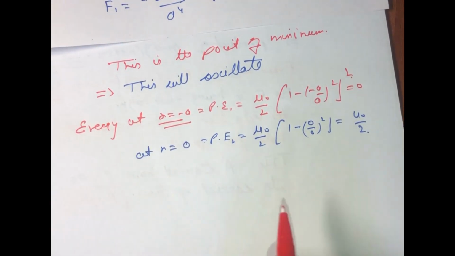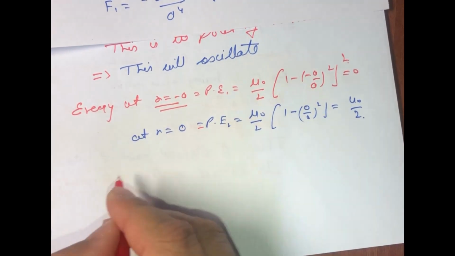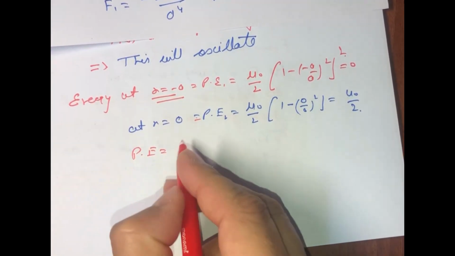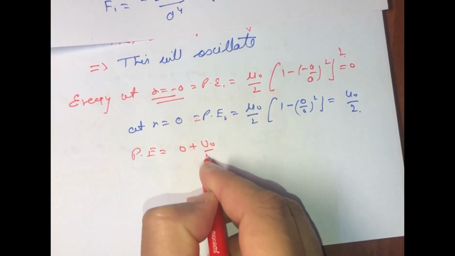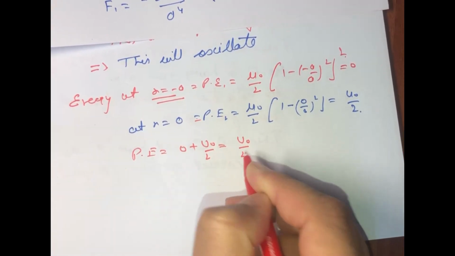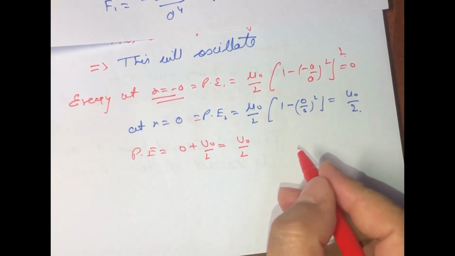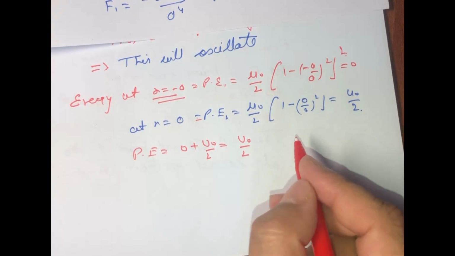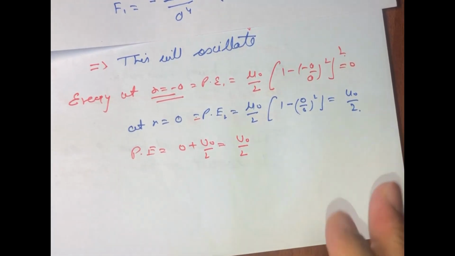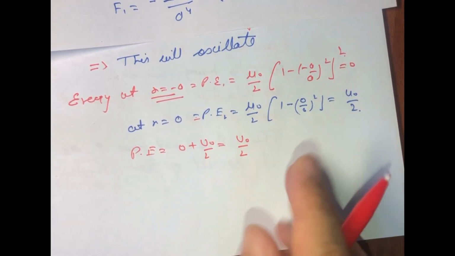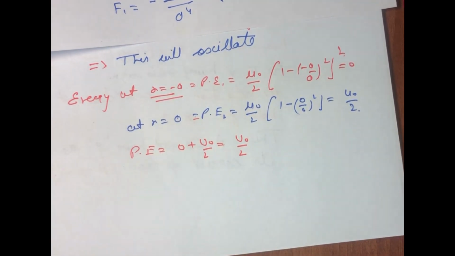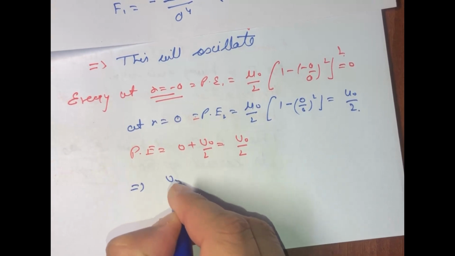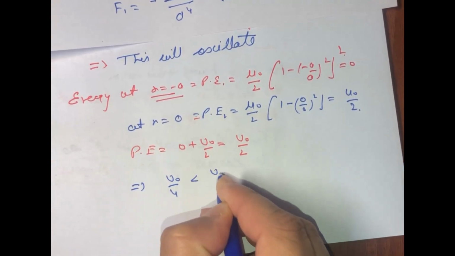So if you make the comparison, we can say its potential energy total will be 0 plus U0 upon 2, which is U0 upon 2. If you make a comparison between U0 upon 4 and U0 upon 2, we can say U0 upon 4 is less than U0 upon 2.